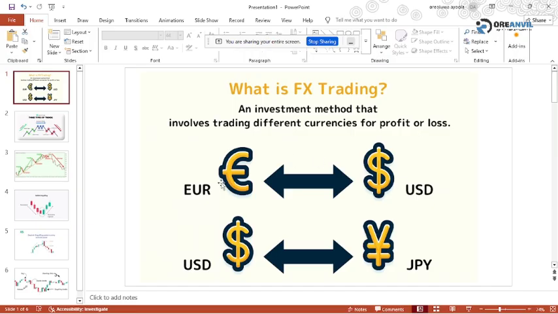So these two countries, when they combine both of their currency together, we have what we call a currency pair. And that currency pair is going to tell us a story, what is going on between these two countries. So if Europe is developing well and they are having good infrastructure or they are having a good day, then it means this euro will be strong at that particular period.